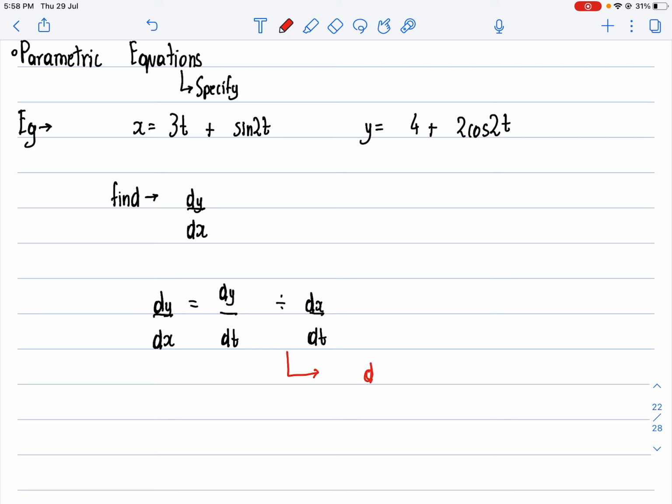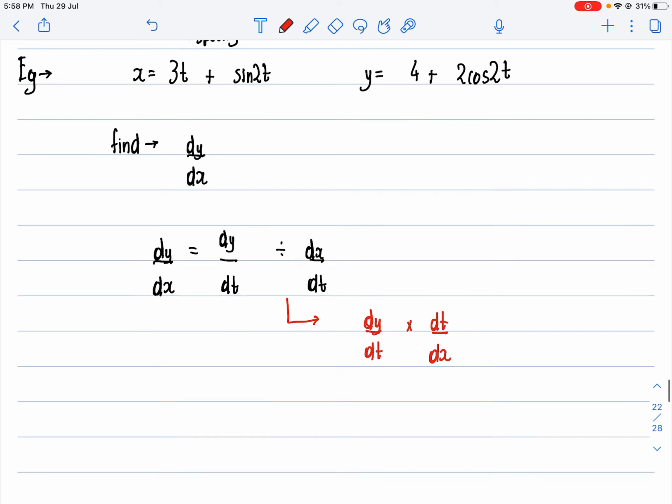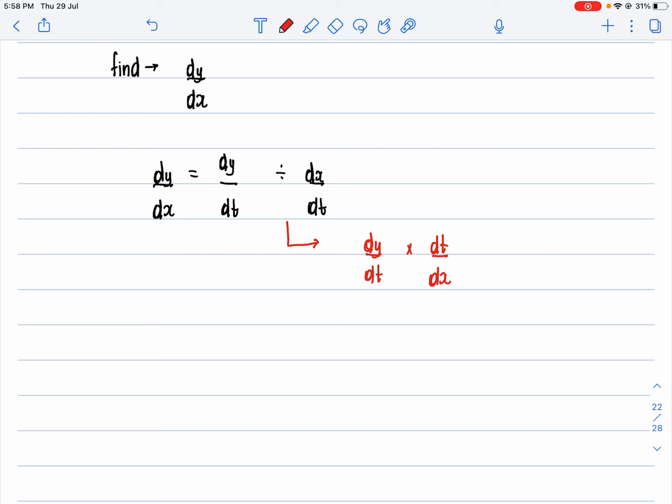I can write this as dy by dt multiplied by dt by dx, because it reciprocates if the sign changes from division to multiplication. And as the dt cancels, you get dy by dx, the same thing as it is. So this concept is really important to know.